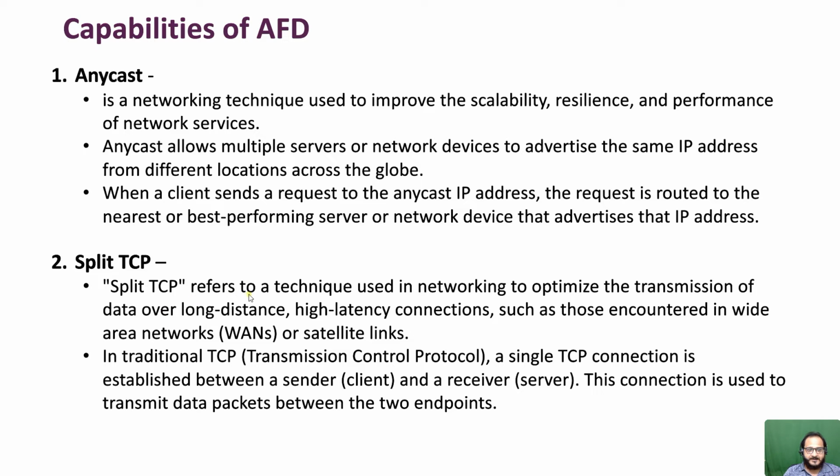Split TCP refers to a technique used in networking to optimize the transmission of data over long-distance, high-latency connections such as those encountered in a wide area network or a satellite link. Split TCP helps in scenarios where we have high latency, like we are sitting in India and our server is in the US. You can see the latency is very high. In those scenarios, split TCP works very well.